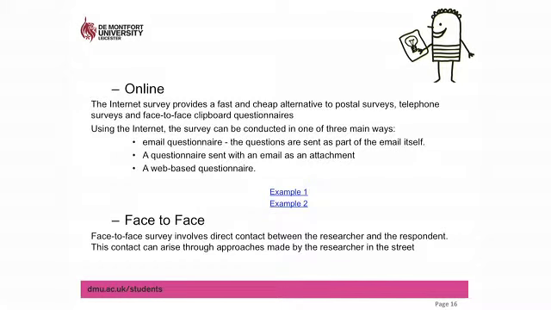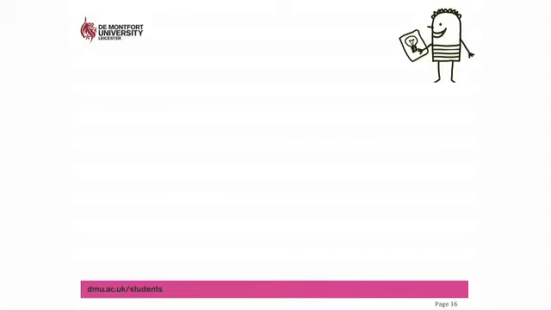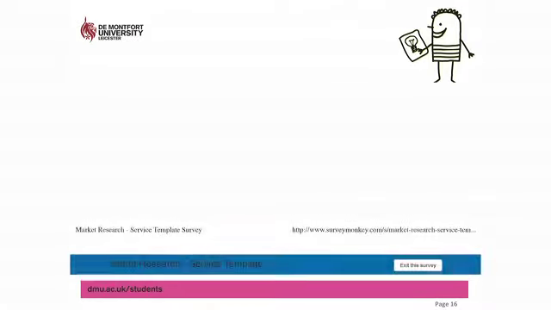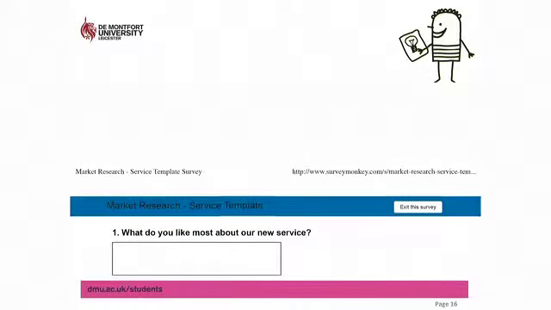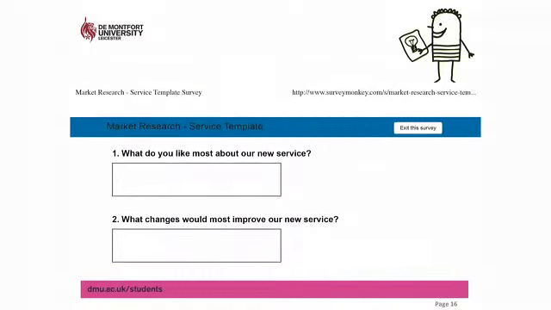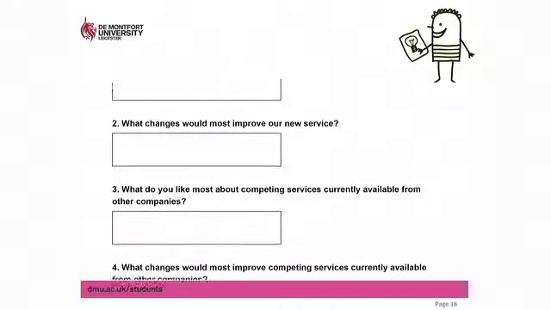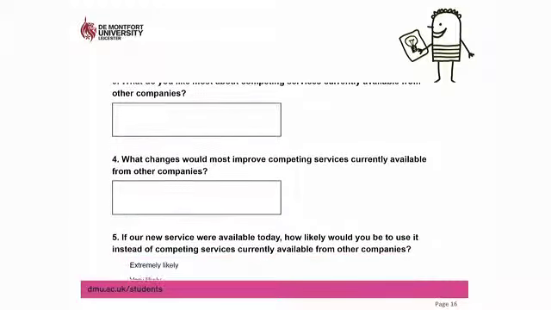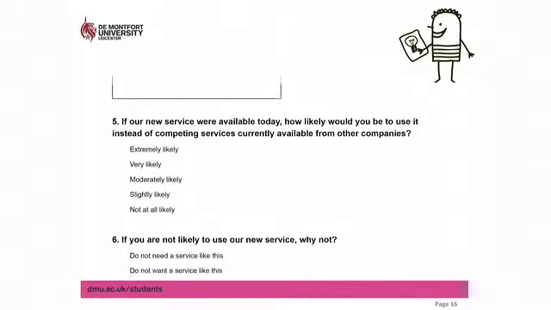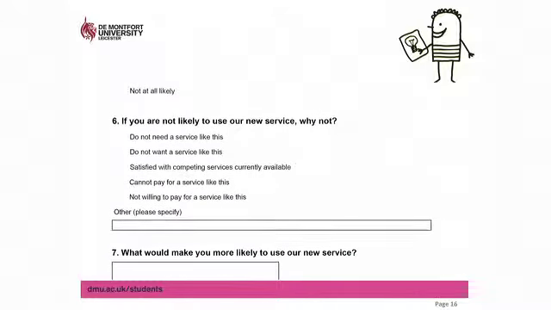So a typical product-based one, for the design crafts, if you're selling products, this is what a very, very basic questionnaire may look like. What do you like about our new product? What changes would improve it from your point of view? What do you like currently about competing products?